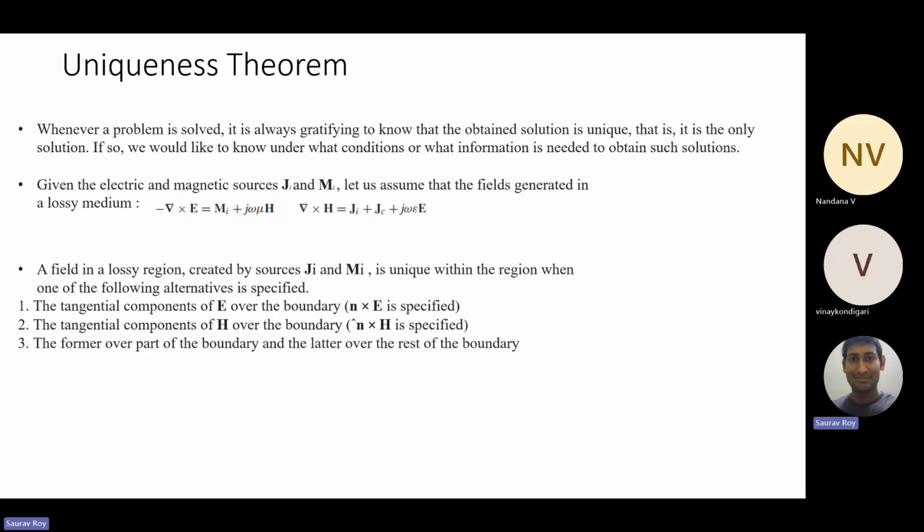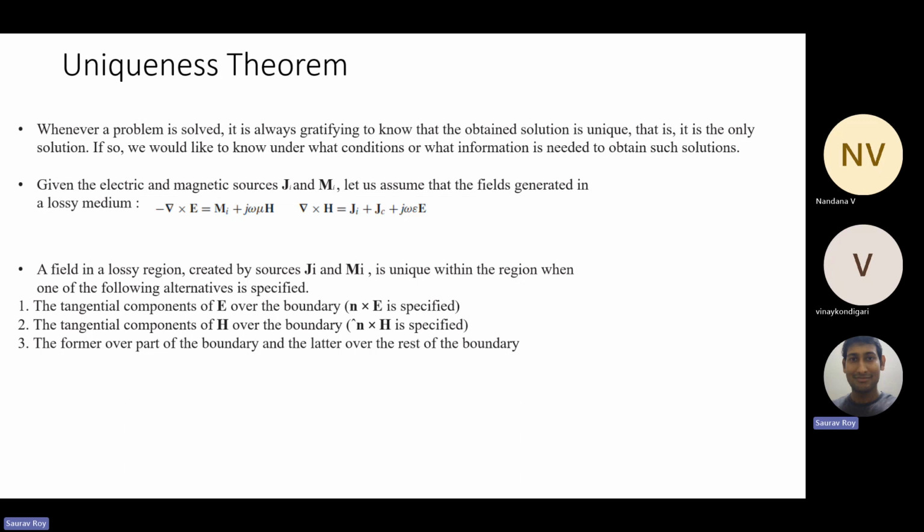Like the imaginary numbers in a plus b format, we know that imaginary numbers are not real, but still for the sake of our analysis we use them. So this magnetic current density M_i is a similar term which does not exist, but for the sake of our solution or simplicity we assume it. So our modified curl equations of Maxwell, if you incorporate all these terms, become in this format.